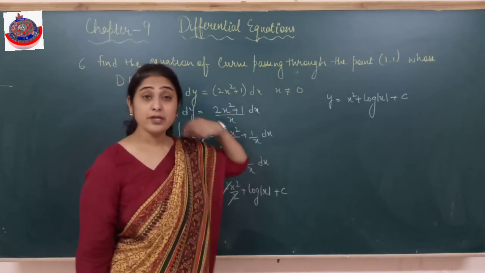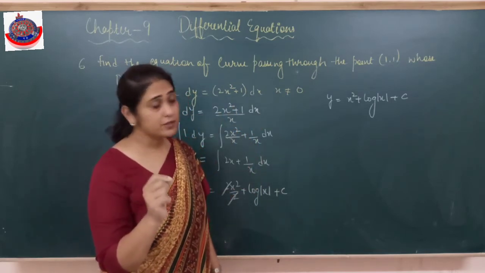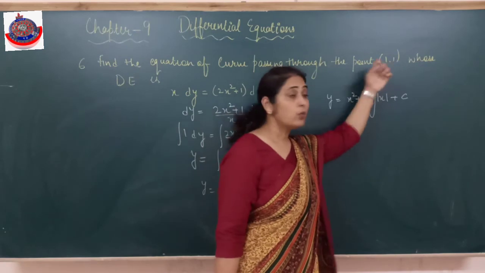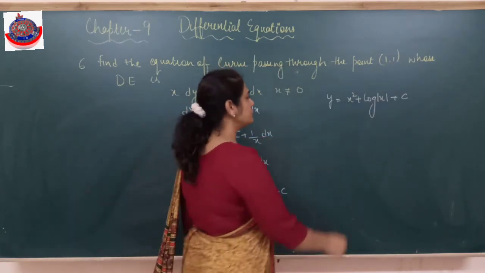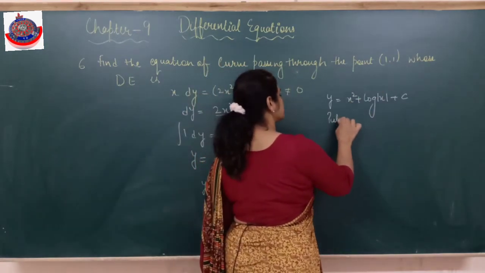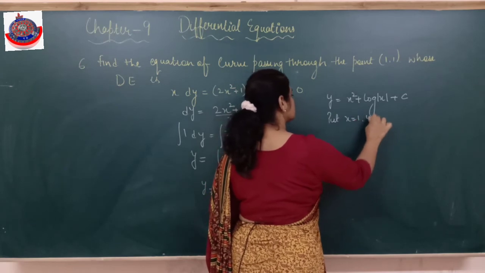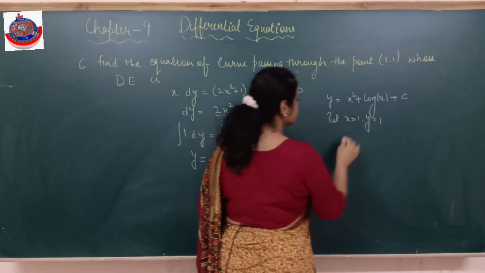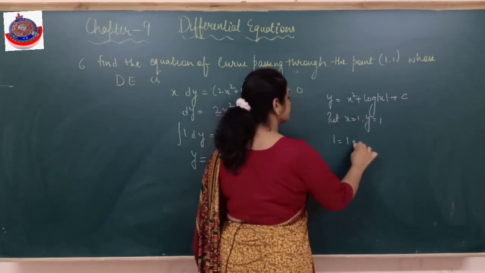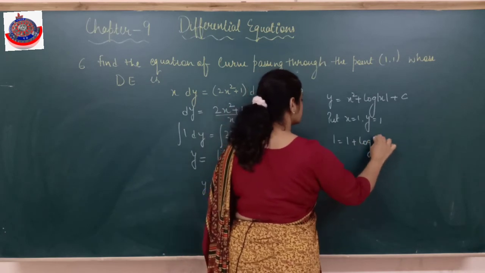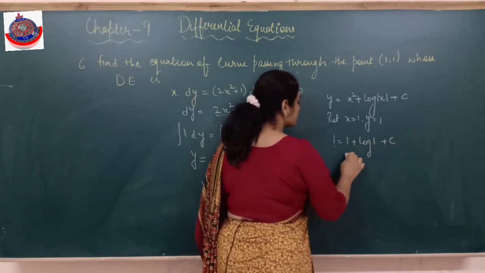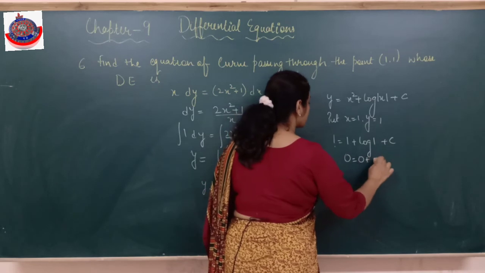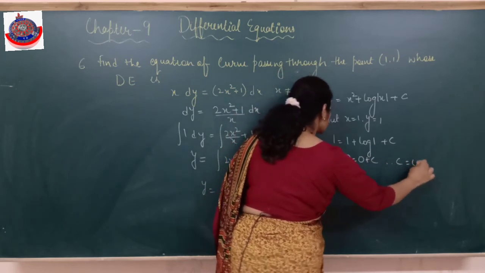Out of this family of curves, I need to find that particular curve which is passing through (1, 1). So I'll just put the value. x is 1 and y is 1, put the value. 1 minus 1 is 0, log 1 is also 0, so I got the value of c as 0.